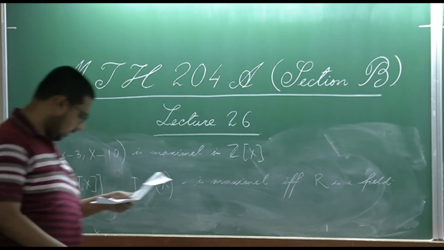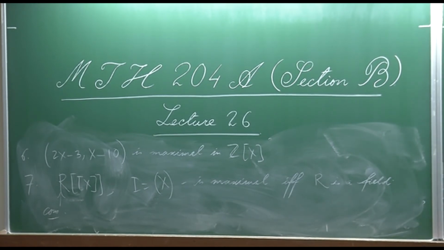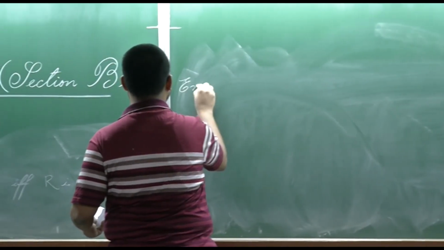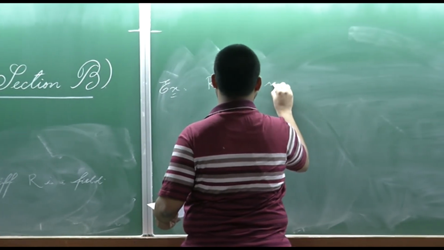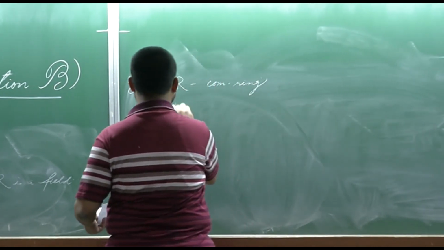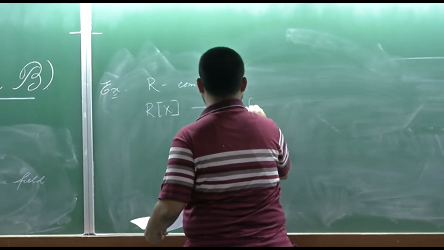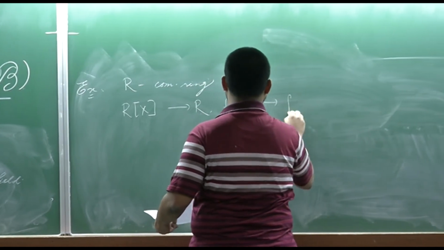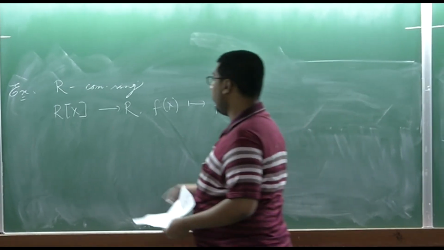What other kinds of examples can we think of? Another example that we can give, in fact I will leave it as an exercise because the verifications are quite routine. As usual R is a commutative ring, and we consider the map from R[x] to R, sending each polynomial f(x) to f(1). This is just the evaluation homomorphism.